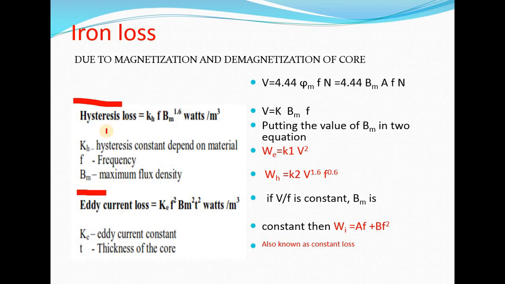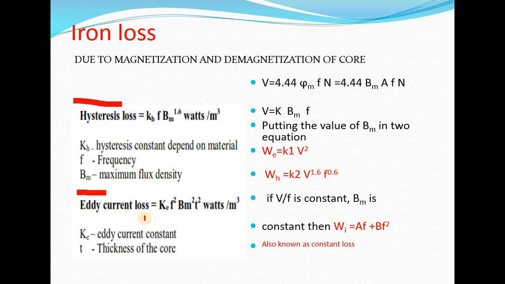Hysteresis loss depends upon the frequency, and it also depends upon the magnetic flux density. Kh is the hysteresis constant, and it depends upon the material. So this is the hysteresis loss.